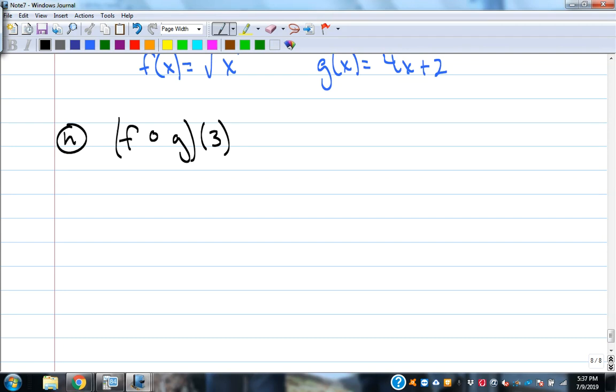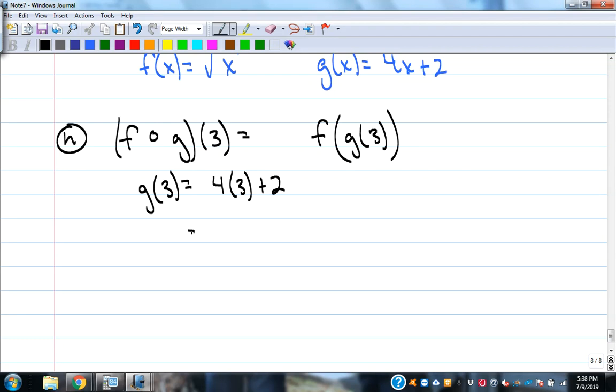Now, f composed with g of 3 means we're going to take g of 3, get its answer, and put it inside of f. That's what the composite function notation says that we're going to do. So we need to find out what g of 3 is. 4 times 3 plus 2. 12 plus 2 is 14. So g of 3 is 14.